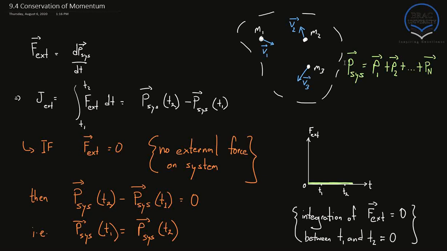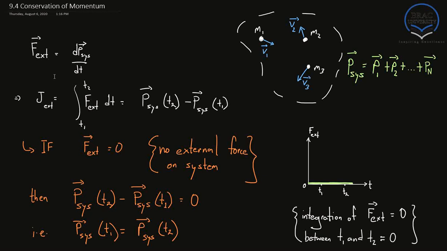And by applying Newton's second law in conjunction with the third law, we've seen that for such a system, the internal forces, that is the forces between the n particles inside the system, form third law pairs which cancel, so that the total force on such a closed system is only the total external force, and we've seen that the total external force is responsible for changing the total momentum of the system. So in other words, we derived this equation: F external on such a system is the rate of change of the total momentum of the system, which is p system.